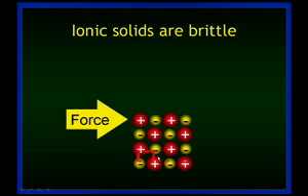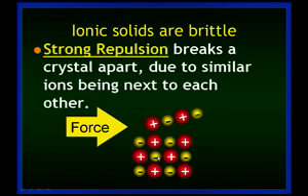So watch what happens in the picture if I apply some force and I push that first row. If I push that first row, then I've got pluses next to pluses. Well, like charges repel. They're repulsive. And so if I try and push the ions, then you get a strong repulsion.